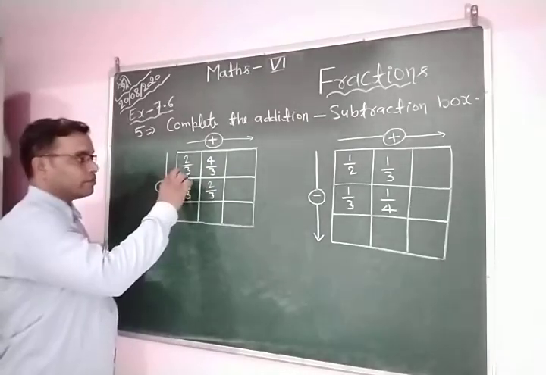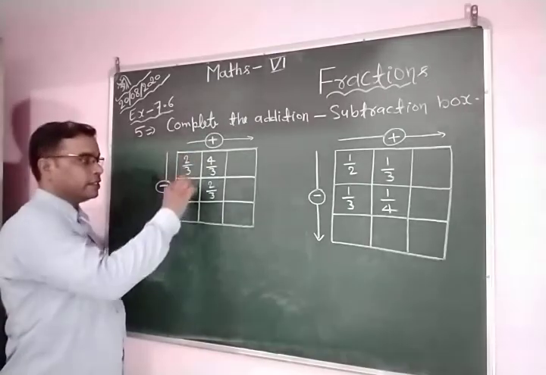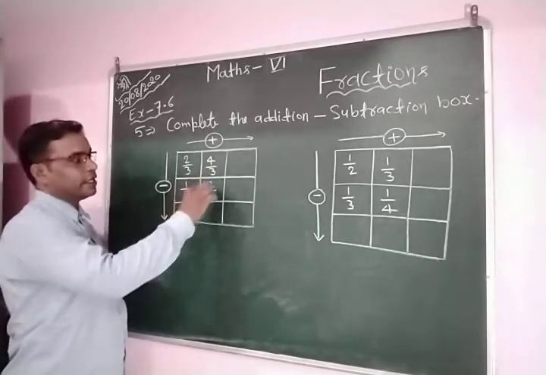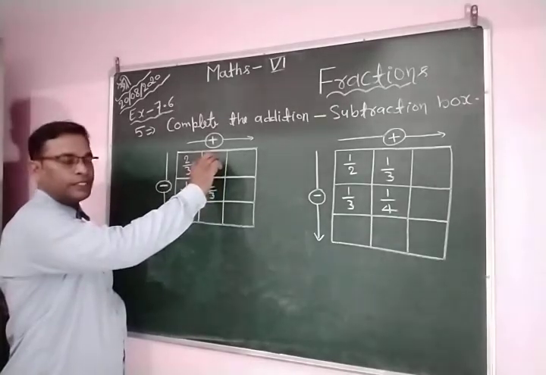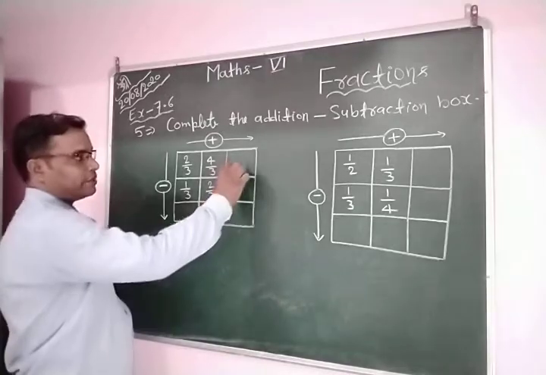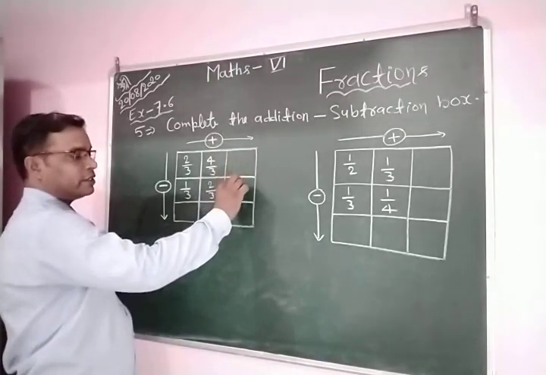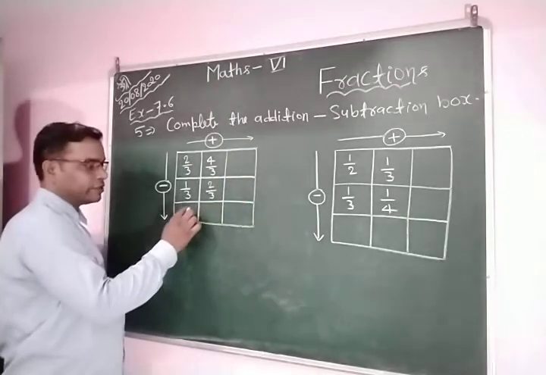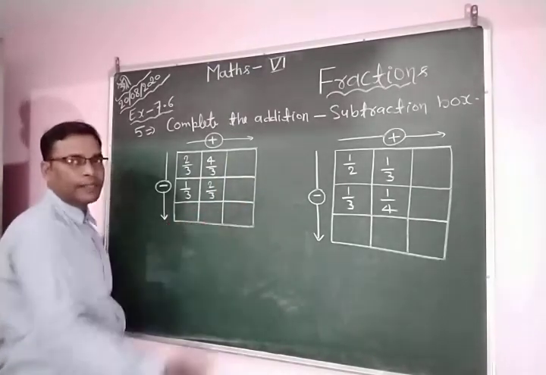Okay, so for this we subtract 1 by 3 from 2 by 3 and we write the result here. For this box we subtract 2 by 3 from 4 by 3 and write the result here. Again for this box we subtract this fraction from this fraction and write here, or you can say we add this fraction and this fraction and write here.